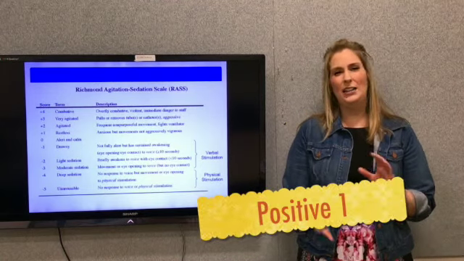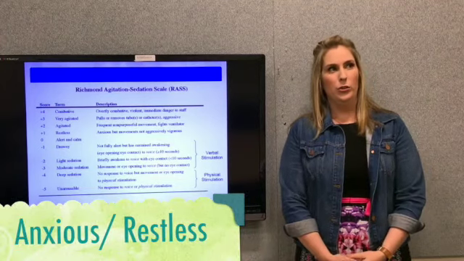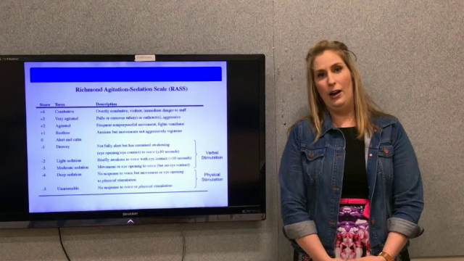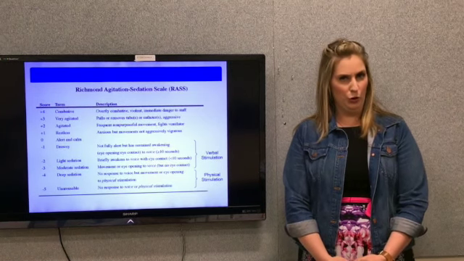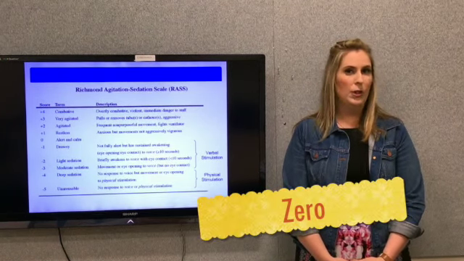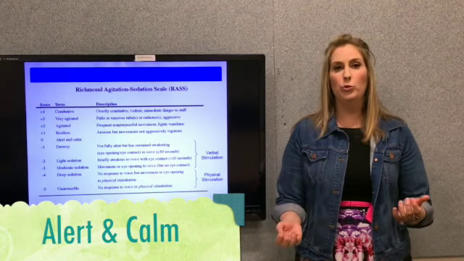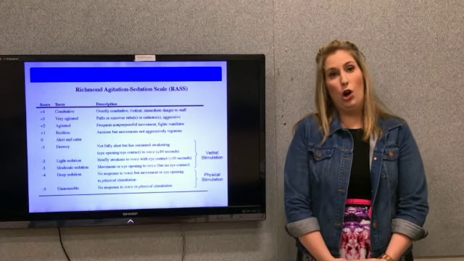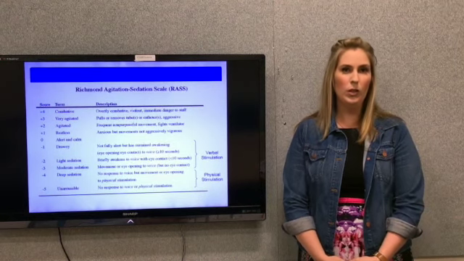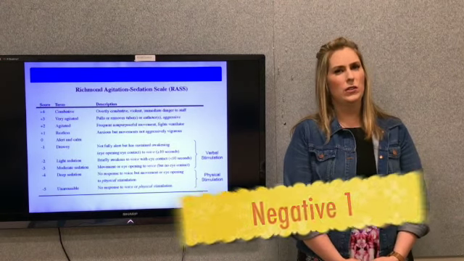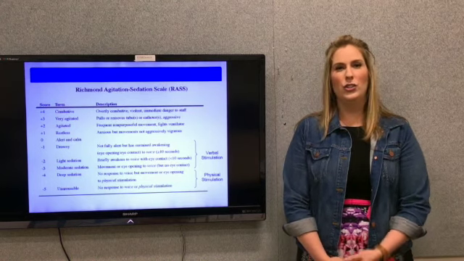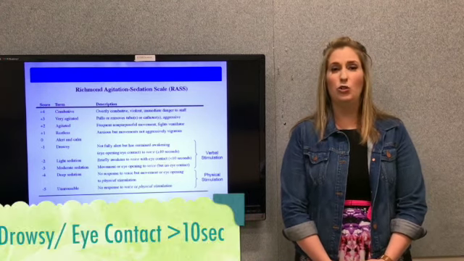Positive one is more of an anxiety. So you're a little bit anxious, you might be tapping your foot or wiggling around, just not very comfortable. 0 is someone, you go into the room, they look comfortable, they're not wiggling around, they're just calm and collected. A negative one, we see this quite frequently in the ICU on non-intubated patients, just might have had some pain medication, slightly drowsy.